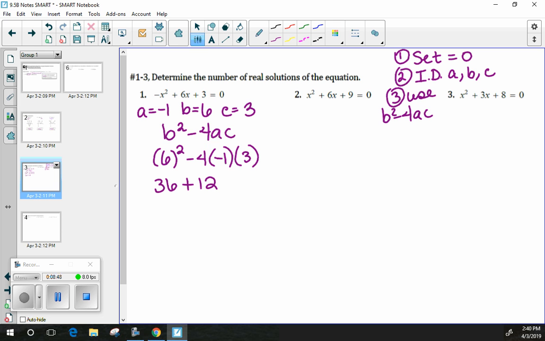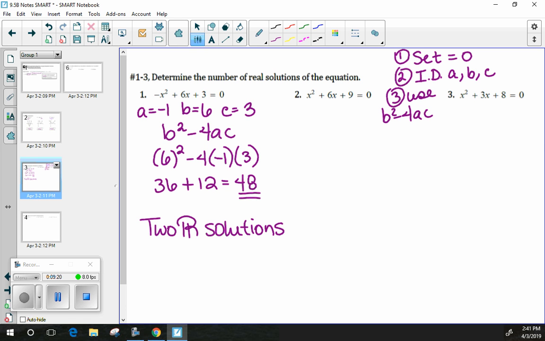And then 36 plus 12 is 48. So my discriminant simplified to +48. Therefore, that quadratic has how many solutions? 2 real solutions, right? So that's it, you're done here. Those are not your solutions. You would have to do the complete quadratic formula if you wanted to do the full solution, right?